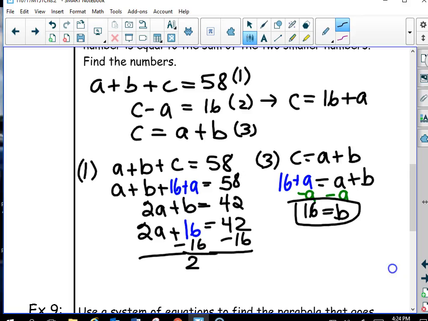Let's try that again. Should have done my subtraction. I think it's going to be 26. So it looks like A is 13.